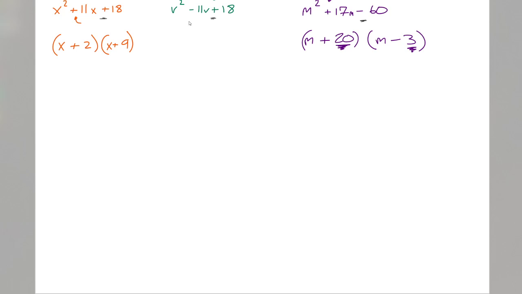If you have a negative second term, then you'll have both negative factors. And again, that makes sense because to have a positive product but a negative sum, they both need to be the same sign. They both need to be negative.